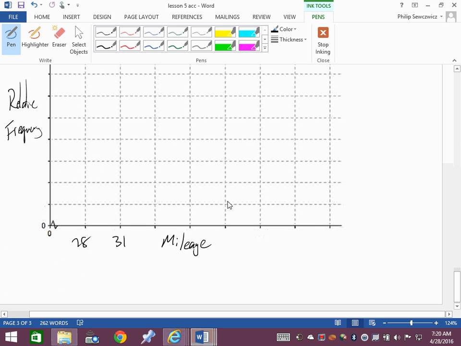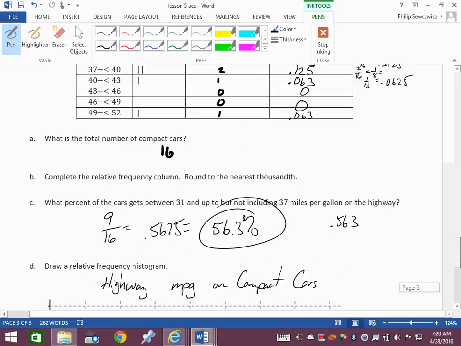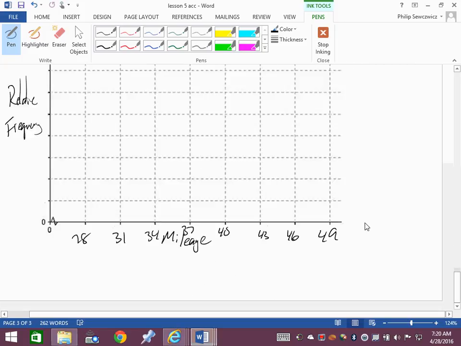This way I don't have to keep scrolling back and forth. 34, 37, 40, 43, 46, 49. Do I need more? Yeah, I need to get to 52, so I'm going to add in one more, 52. Something like that.